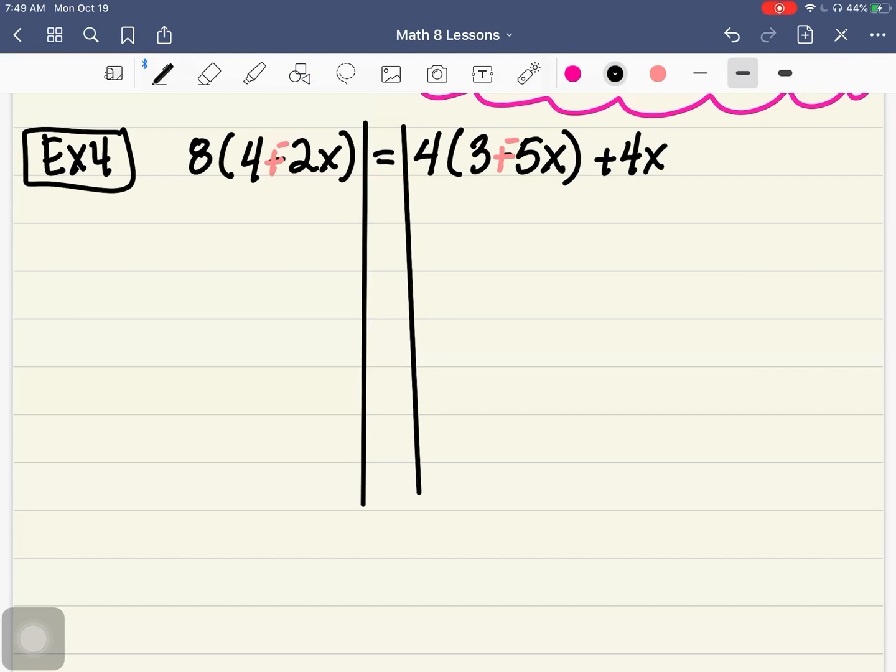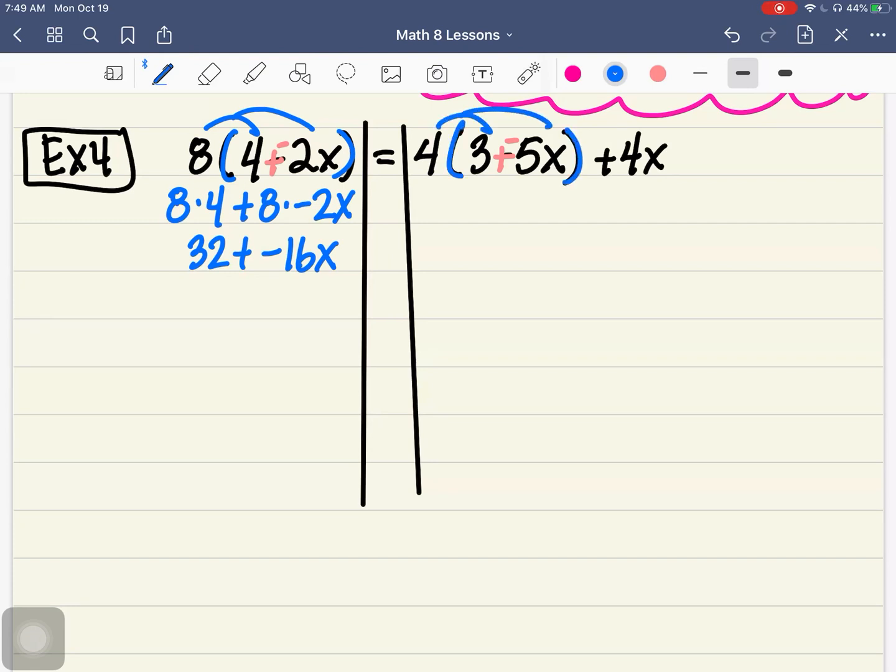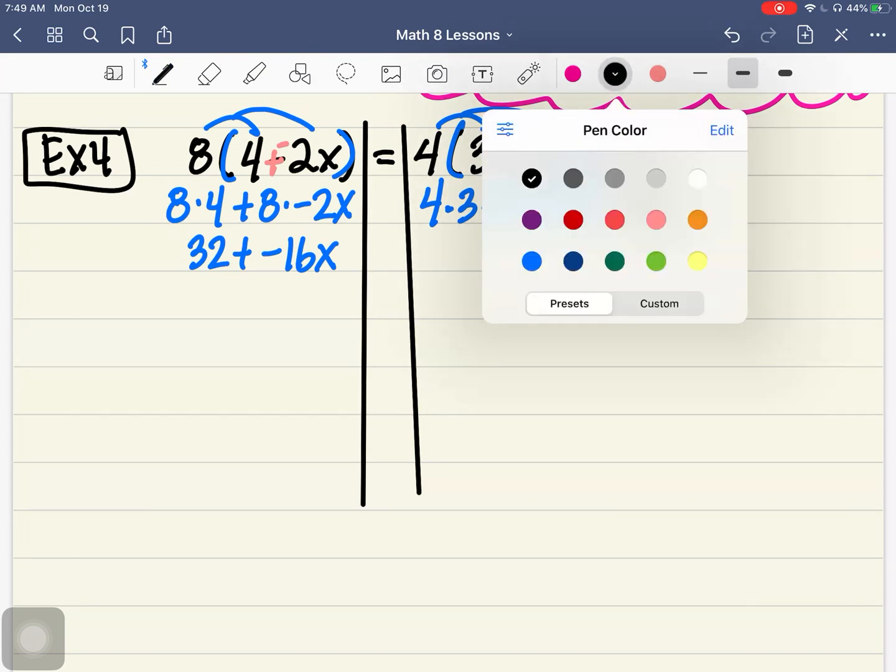Okay, let me draw in my separations. All right, so let's start solving. Simplify the left. I see more distributive, so 8 times 4 plus 8 times negative 2x. That's 32 plus negative 16x, simplified and done. Now I'm going to go to the right and distribute to get rid of the parentheses. 4 times 3 plus 4 times negative 5x, then the plus 4x out here on the end.